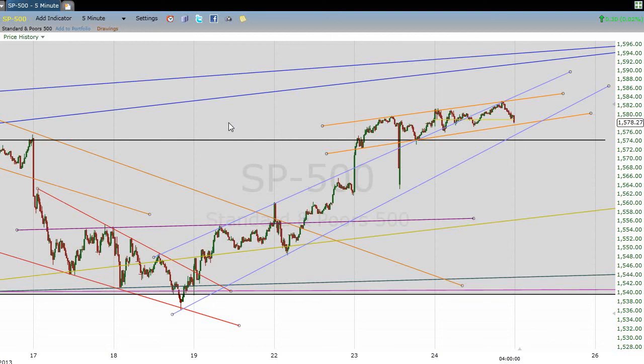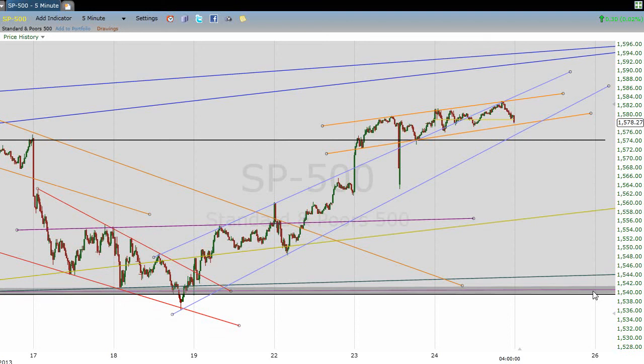So just to quickly recap the S&P, I would look at this line as a sign that this rally that has lasted 4 days is about over. And if it is, then I would watch very carefully this lower yellow line. If it breaks, then we are likely going to be coming back down for yet another test of that 1540 area.